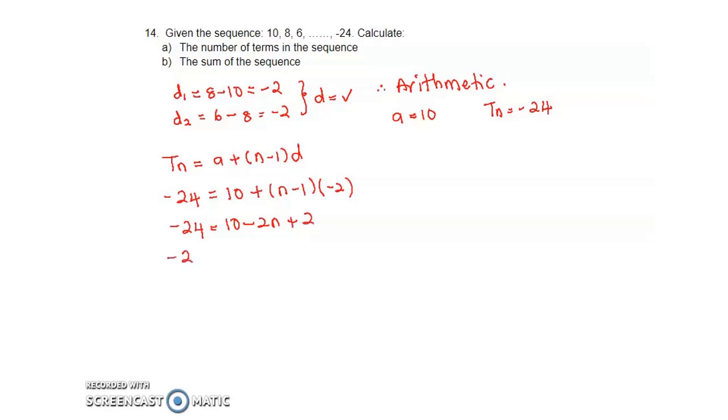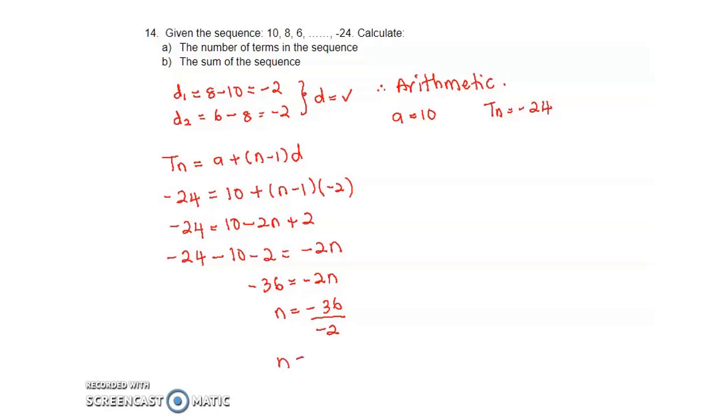So negative 24 minus 10 minus 2 equal to negative 2n. So negative 24 minus 10 minus 2 will be negative 36 equal to negative 2n. So n equal to negative 36 divided by negative 2.